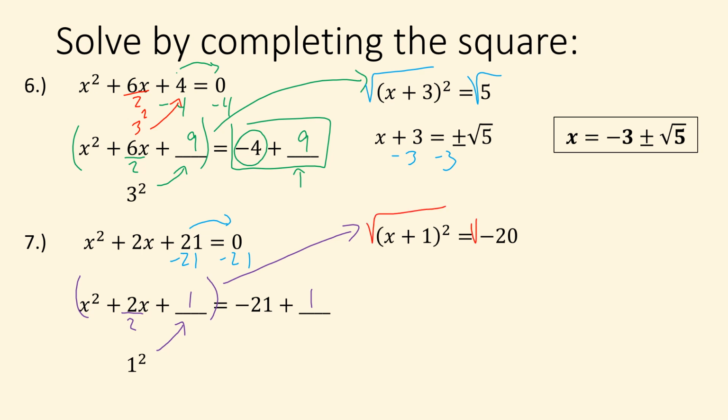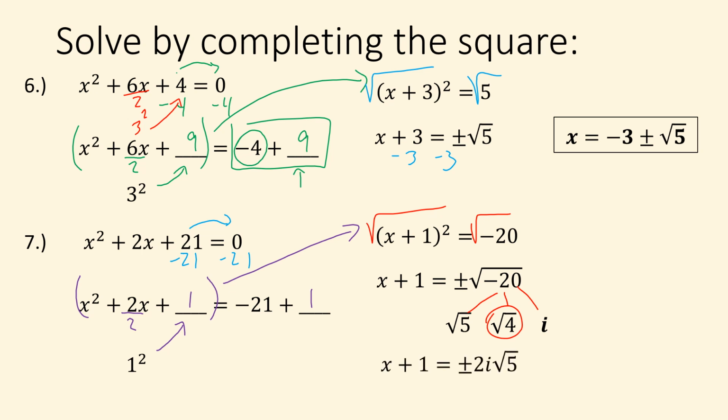Square root. We can see we have radical negative 20. We're going to have to break that down, and it's going to have an i. So let's go ahead and do that. 4 is going to be a 2, so 2i radical 5. Move this 1 to the other side, and we have our answer.